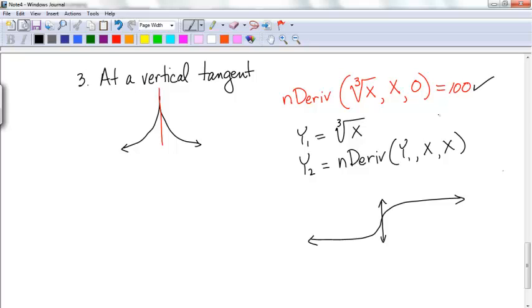The derivative is not 100. You would just say the derivative does not exist at x equals 0. Well, let's show it. Turn off the y sub 1. Get your cursor on the equal sign, and then turn on the y sub 2. This is the original graph. Now let's look at the derivative graph.